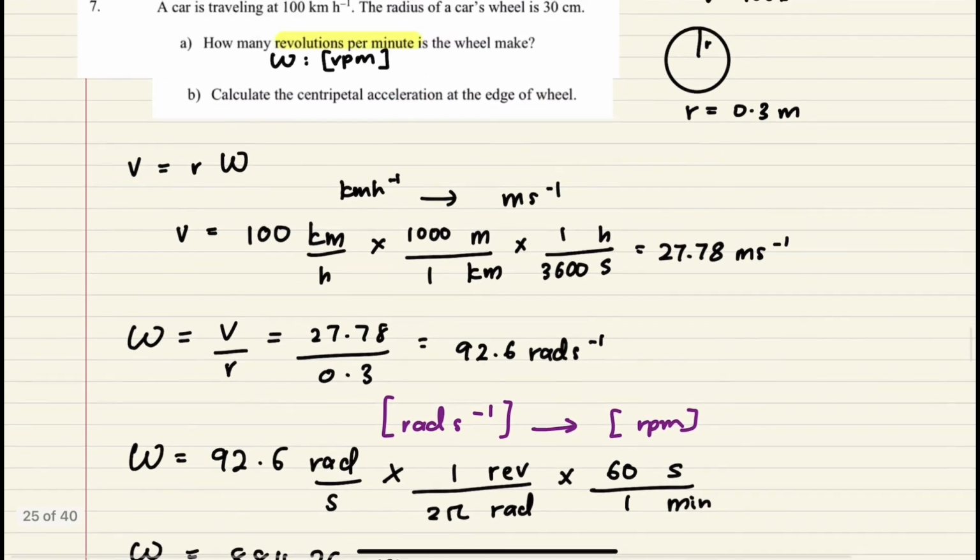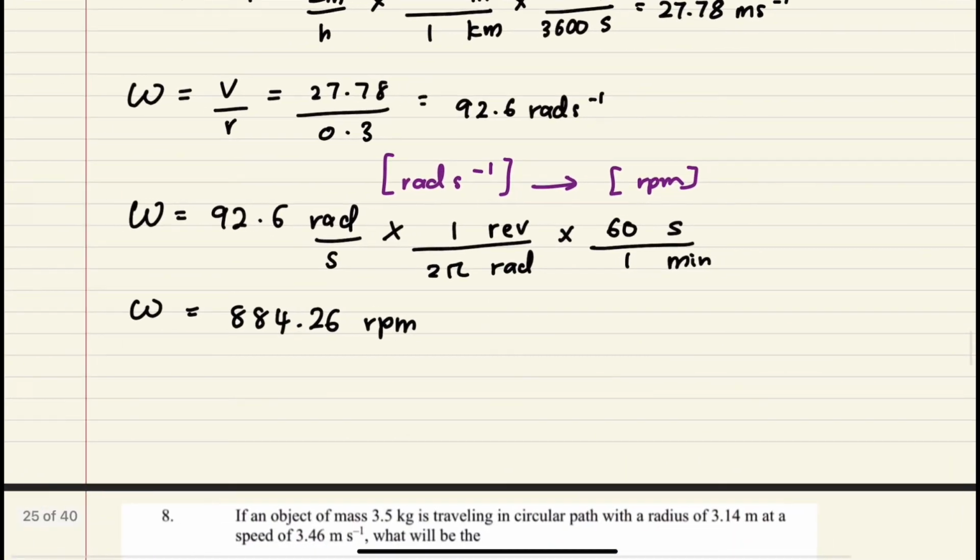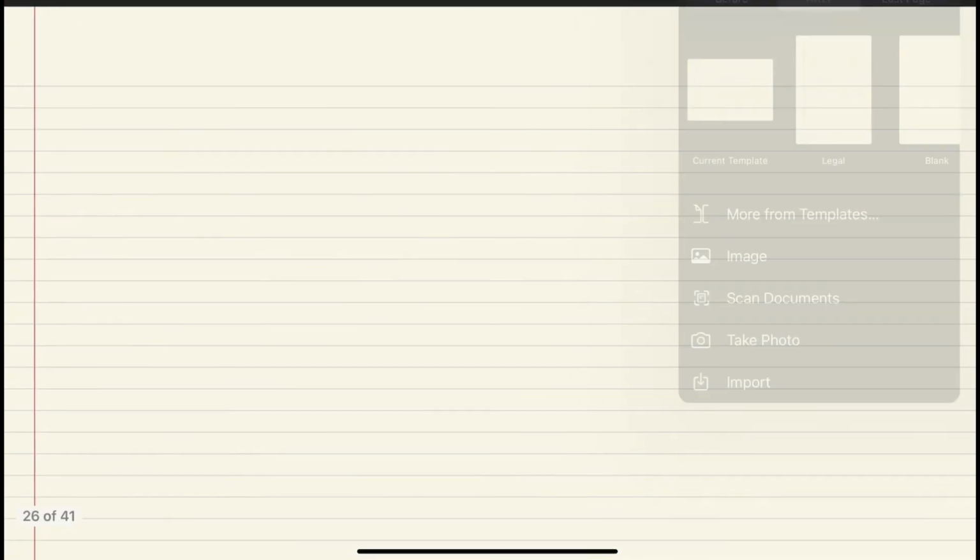Question B: calculate the centripetal acceleration at the edge of the wheel. This one was question A. Centripetal acceleration is basically a_c. So we're going to find a_c here. The direction of a_c will always be towards the center of the circular motion. You can use the equation a_c equals v squared over r.